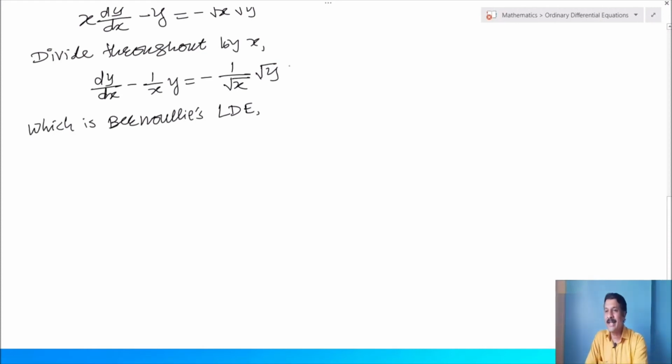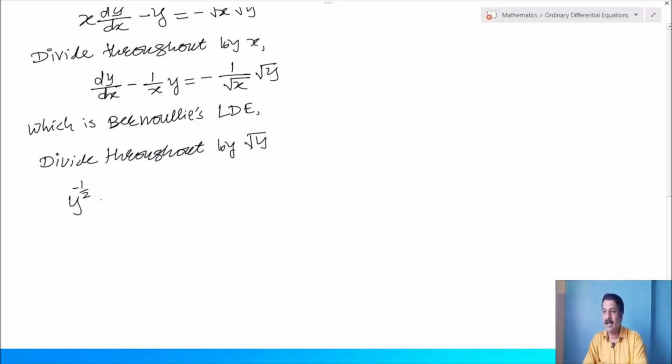So what to do in that? This power of y, you divide throughout. So divide throughout by root y, it means y raised to half. So I am getting y raised to minus half dy/dx, because if we divide by y raised to half, in the numerator it is y raised to minus half, minus 1/x, and here y upon y raised to half.